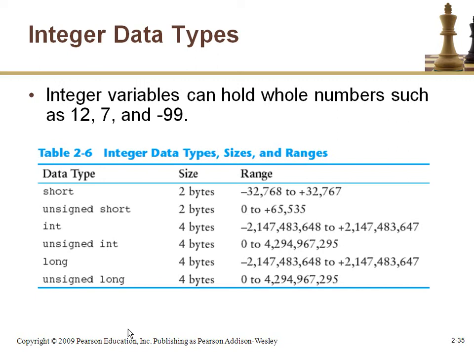Then you've got the long integer, which basically works out to be the same as your regular integer, from minus 2 billion to plus 2 billion. And you've got the unsigned long integer that will give you a range from 0 to 4 billion. That's a fairly large amount of numbers that you can work with.